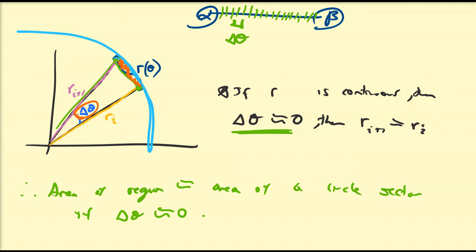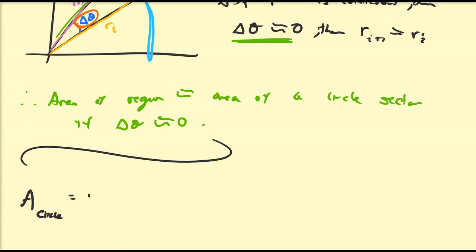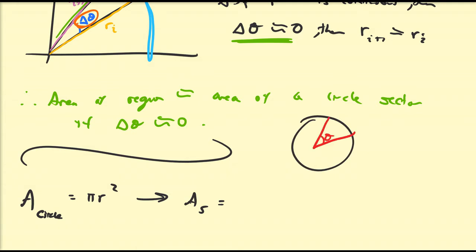So that's good. So let's try and build the area of a circle sector formula in case we have forgotten it. So the area of a circle we know is going to be equal to pi times the square of the radius of that circle. Therefore, the area of a sector of a circle, and let's assume we have a particular theta region, and we want to know the area of this piece.